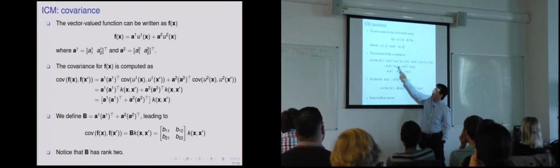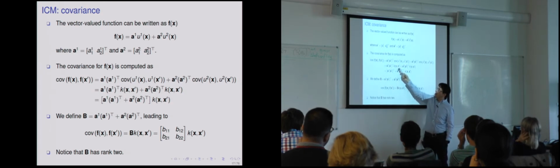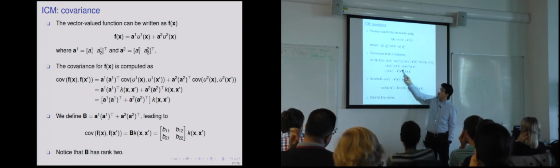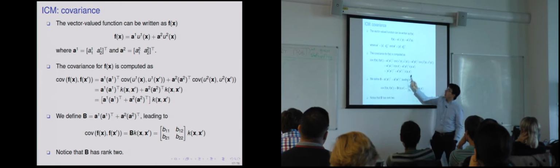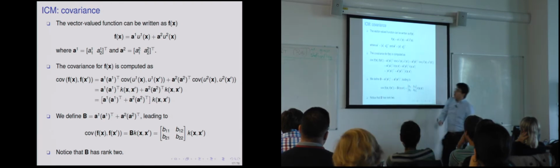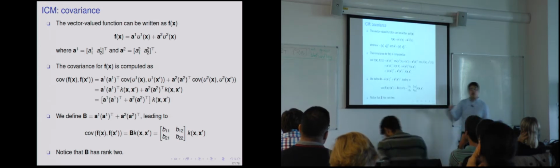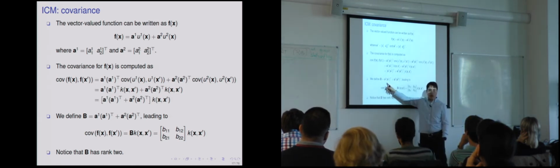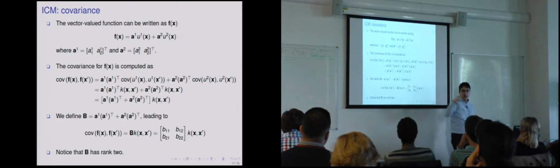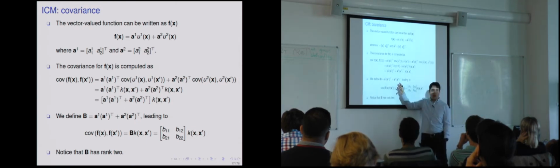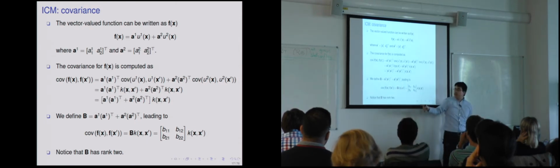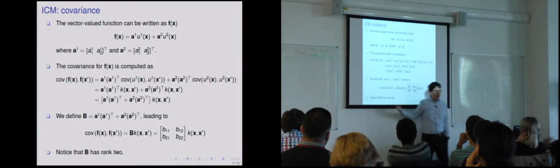But remember that the two covariances are the same because the samples share the same covariance, so I can factorize k and I get this expression. So now we have B again, but before B was just the outer product of one vector. Now B is the sum of two outer products. That means that the rank of B is 2.